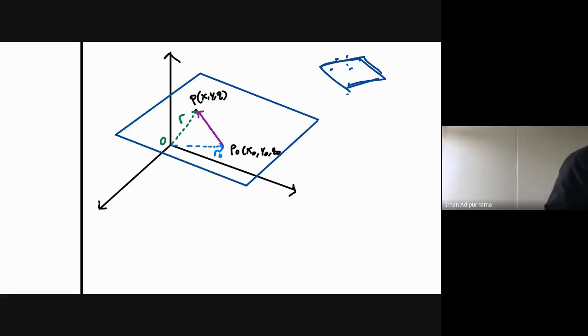And this vector, and we have some vector n here. Usually n is for the normal vector.